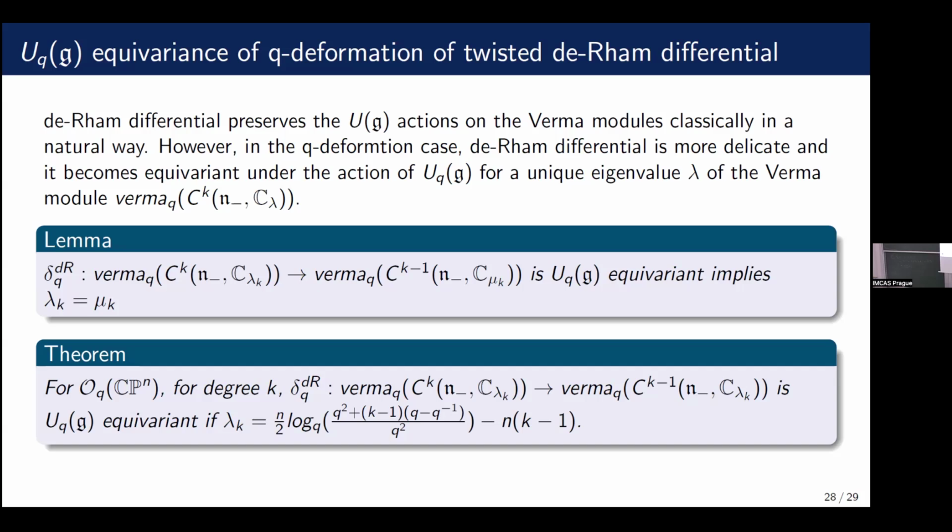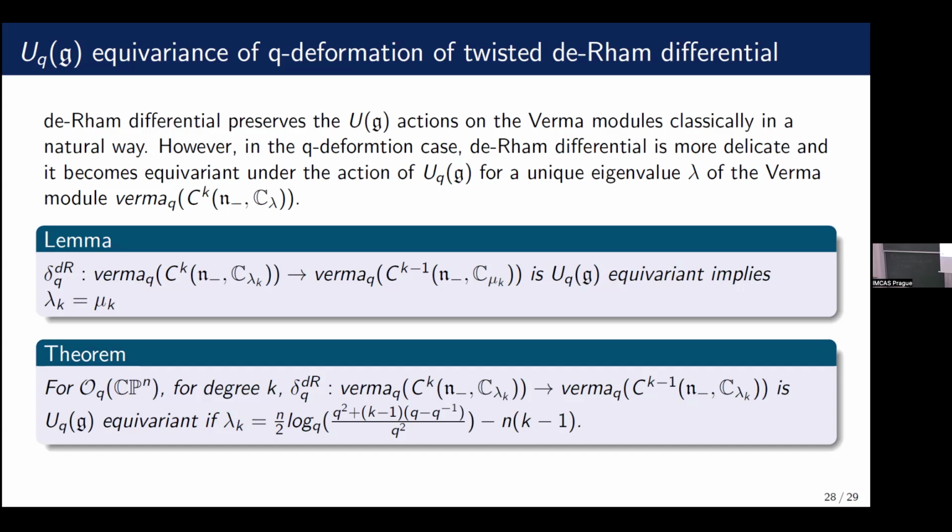On these eigenvalues lambda k. For example, if you define your map from Ck to Ck minus 1, it tells you that up to UQG equivariance, these two eigenvalues have to satisfy a condition.